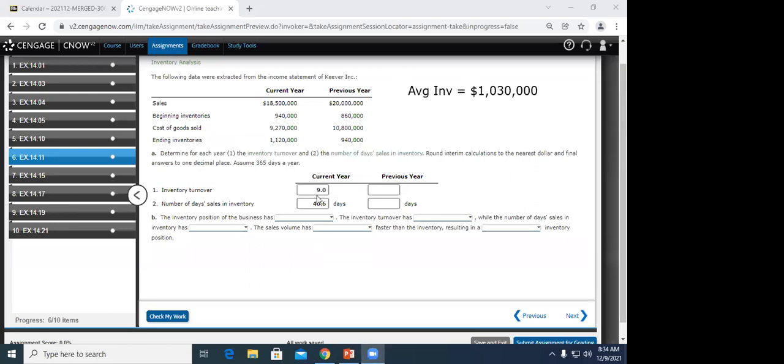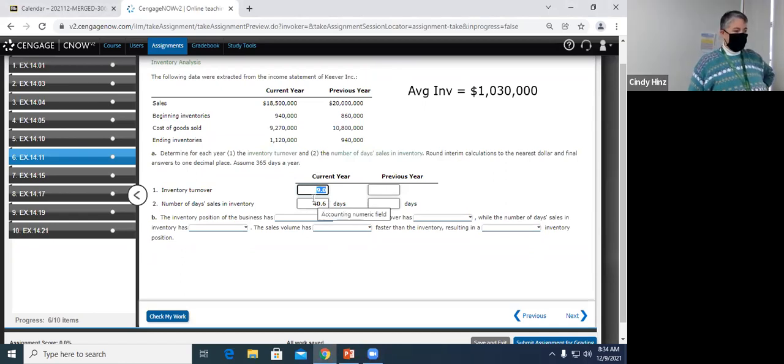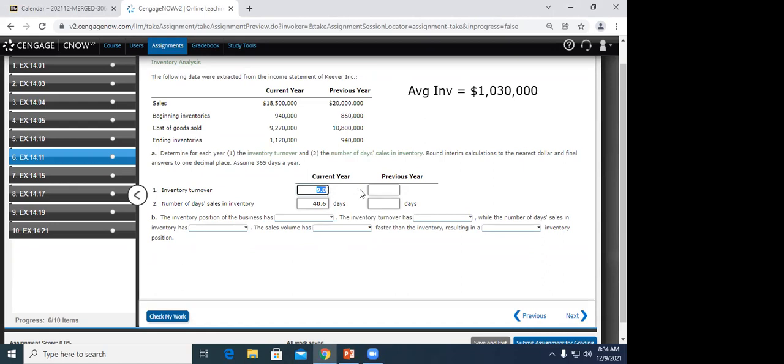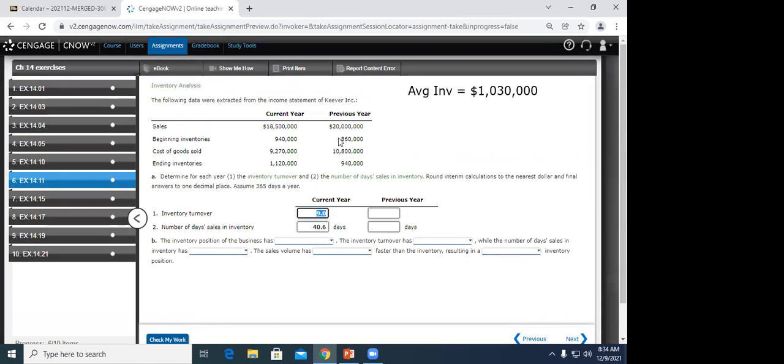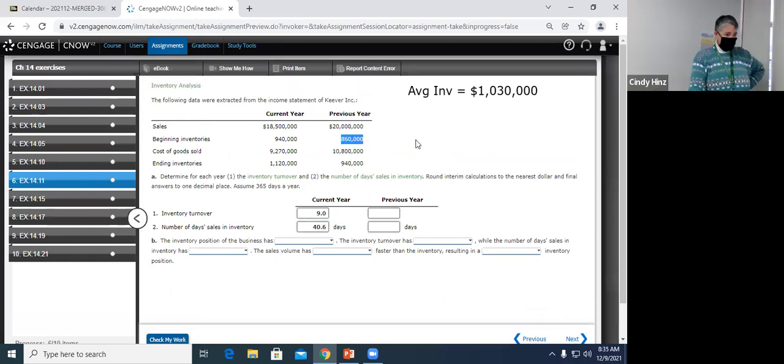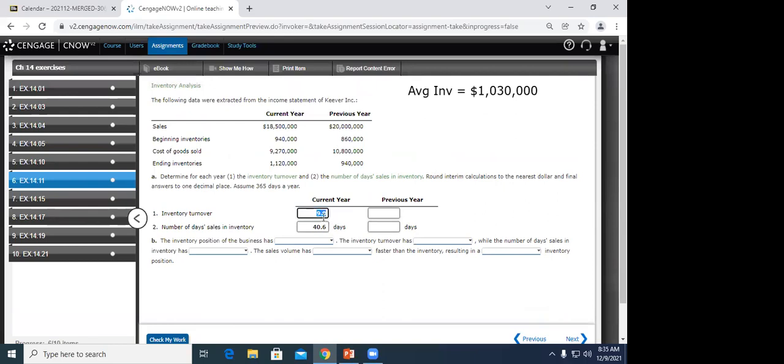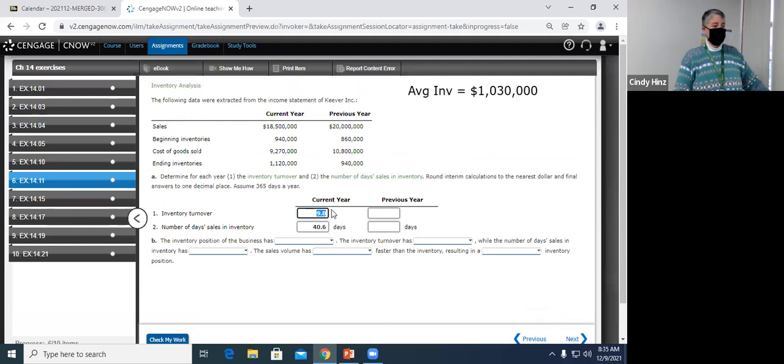I'm not sure if this is what you're asking, but we need to find the average inventory for the previous year. Is that what you're asking about? Is this the 9 you're talking about? Yeah, 9 times, and no, that's the calculation for the current year. We just need to do our calculation for the previous year.